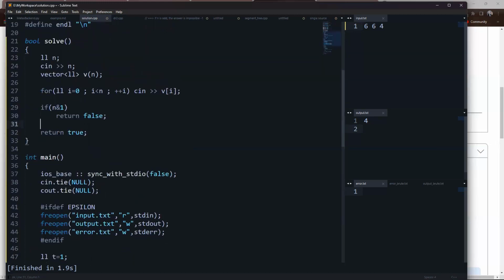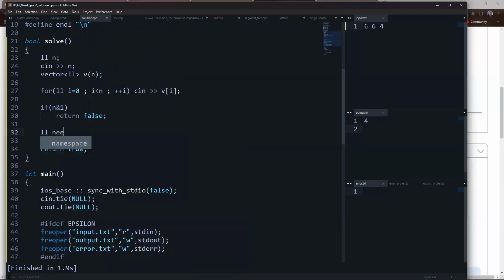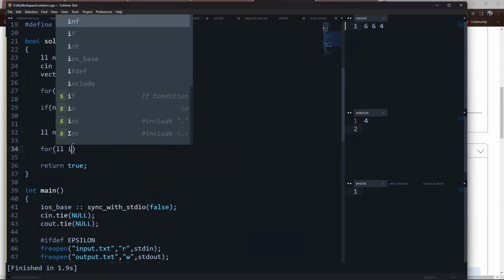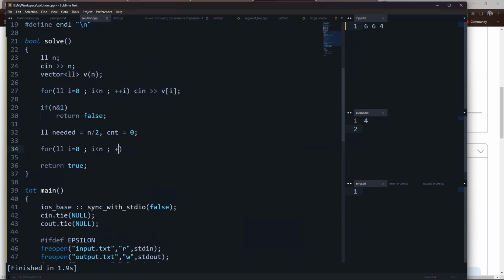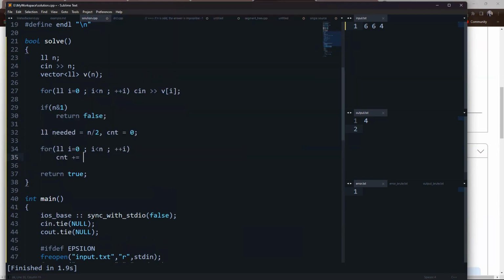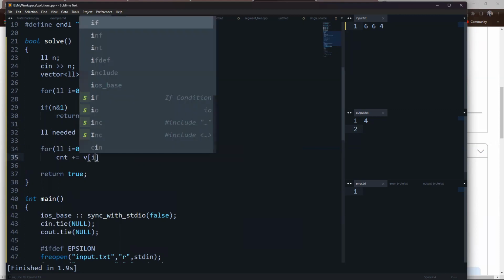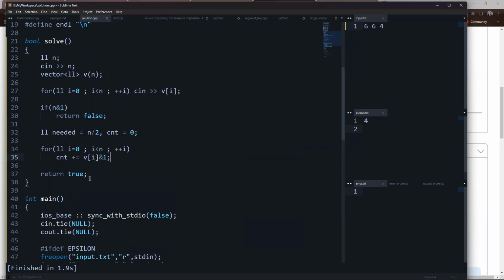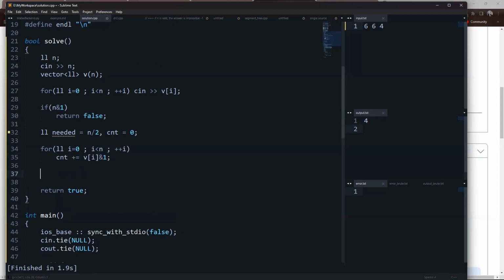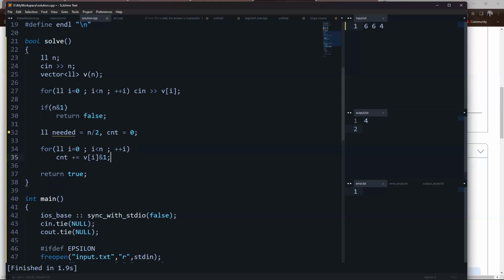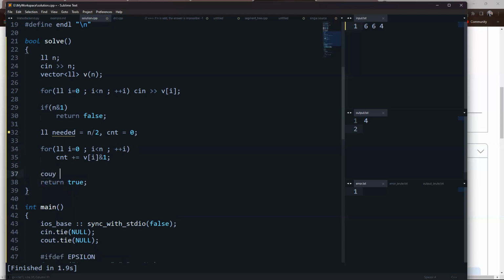Otherwise, you have to count. Let's say needed is equal to n by 2, and the count is equal to 0. We loop while i is less than n. Count plus equal to v of i and 1, right? So if the number is odd, increment the count. Then your answer is just the absolute difference between needed and count.